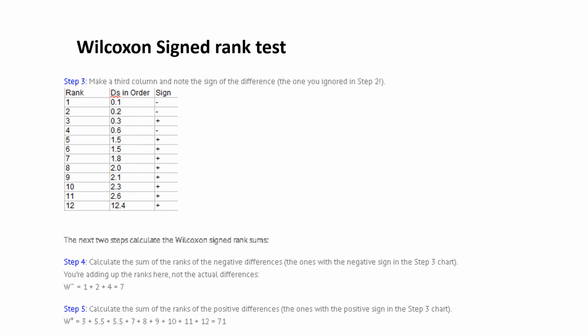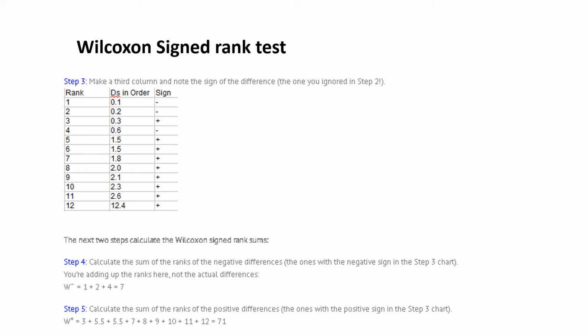So you put 5.5 plus 5.5, plus 7 is also a plus sign, 8 is also a plus sign, 9, 10, 11 and 12 are also plus signs. In between, 5 and 6 had the same value, so we give the rank 5.5 and 5.5. Like that you add it.